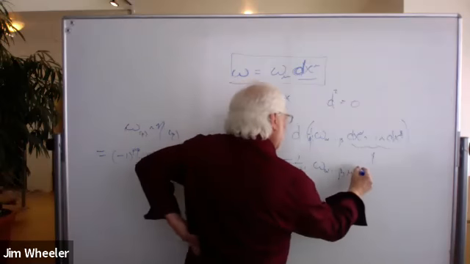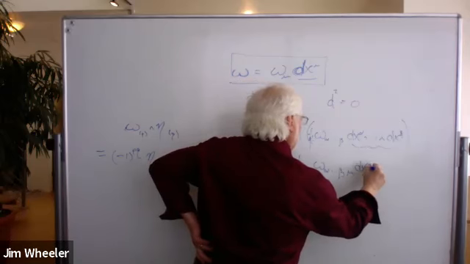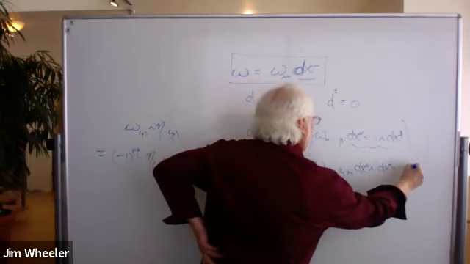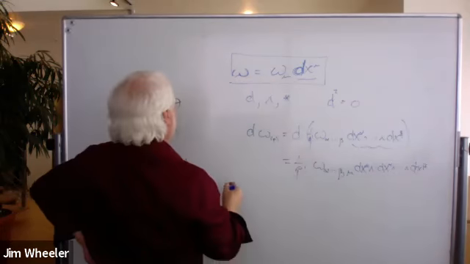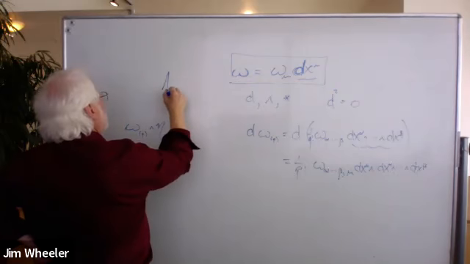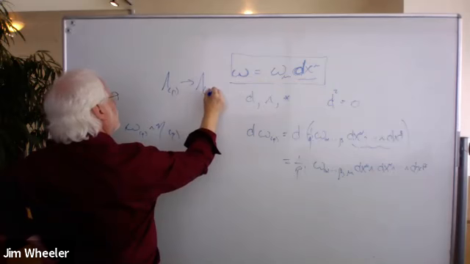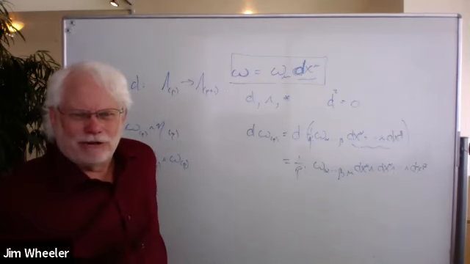Okay, and then I put in another dx. And I wedge that with the basis that was already there. So this is a mapping from P forms to P plus 1 forms.